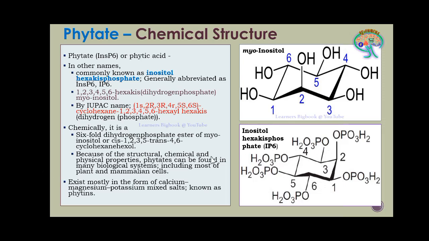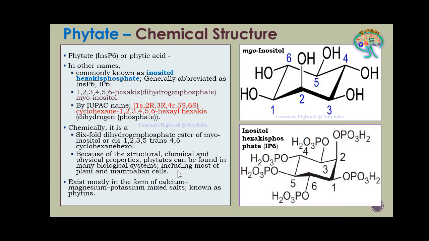Now, because of its structural, chemical and physical properties, phytates can be found in many biological systems, including most plant and mammalian cells. It is a main part of mammalian cells and also plant cells.